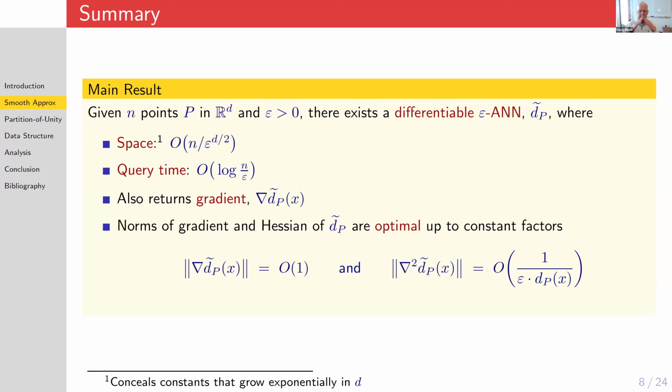The argument as to why is to observe that when you get right to the ridge on the Voronoi bisector between two distance functions, the function essentially has to smoothly transition from one function that has a slope of +1 to another function that has a slope of -1, and it's only got about an epsilon times the distance in which to do that transition. So you can essentially argue that you can't really do any better for the Hessian, at least when you get to these border points.